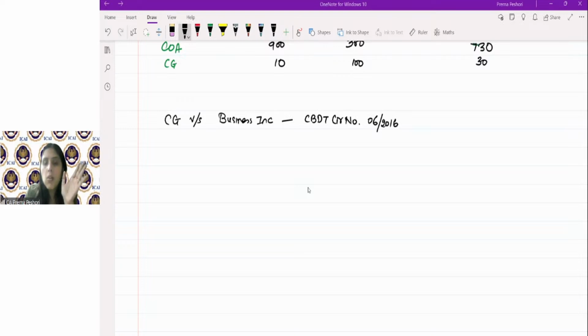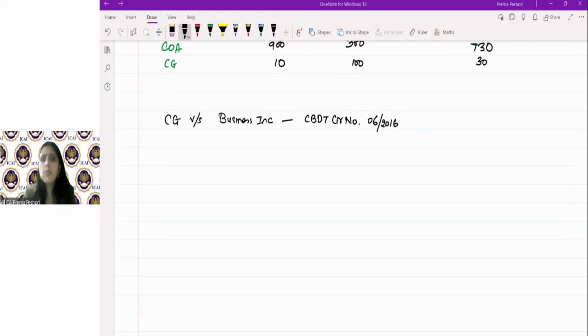So it depends on the nature of the transaction, how it is treated in the books of accounts, and the frequency of the transaction. All these circumstances will determine whether the income is capital gain or business income.